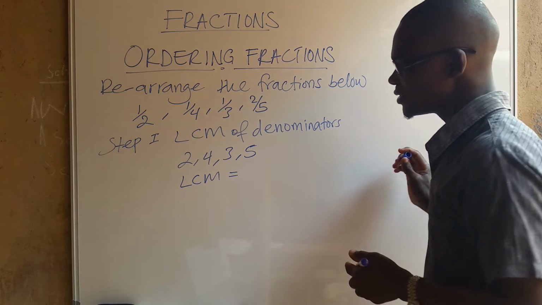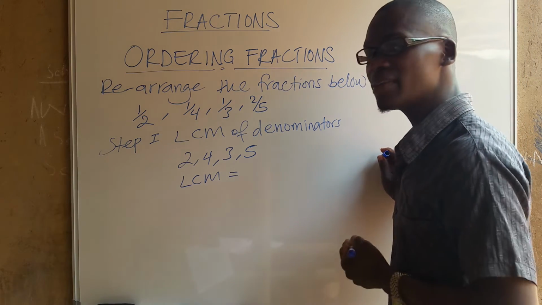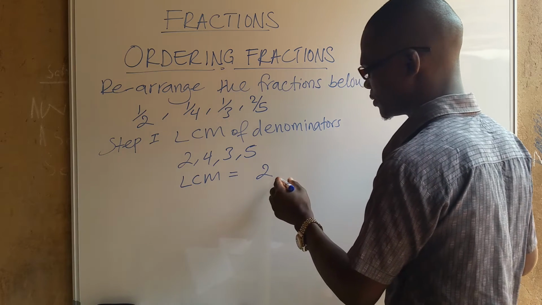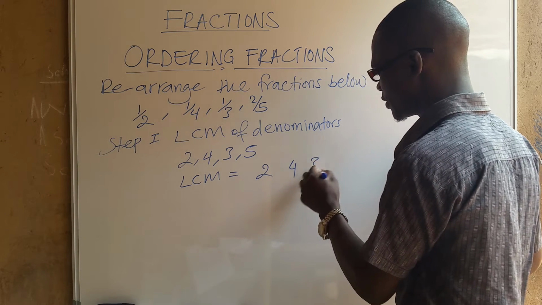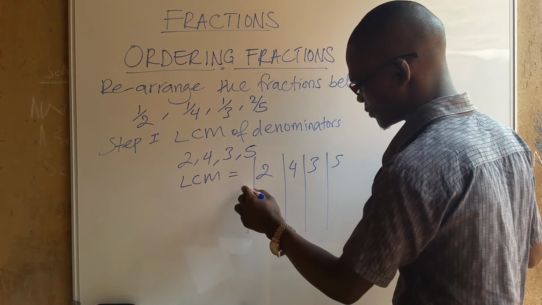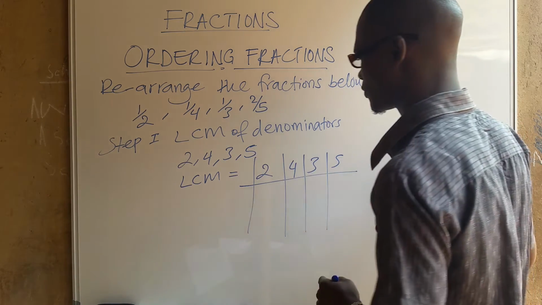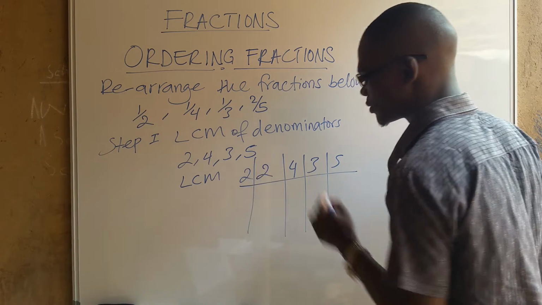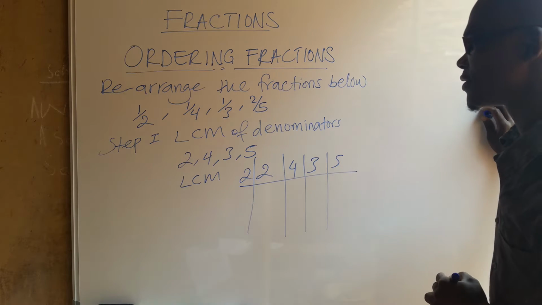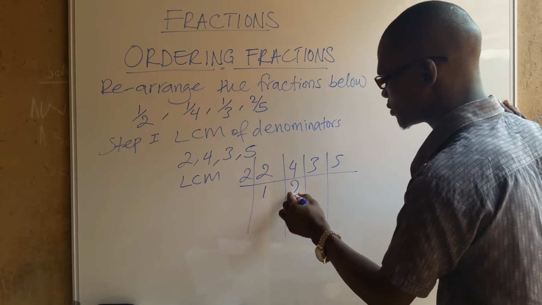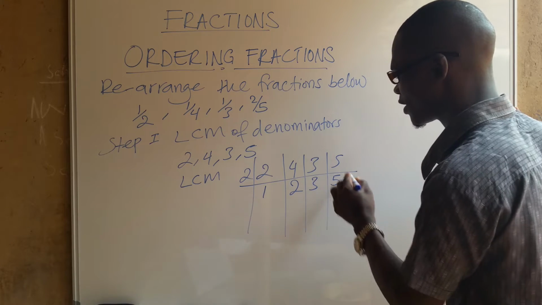We can get it by the ladder method. That is to say, we shall have 2, 4, 3, 5. So we break down these denominators by 2, you get 1, 2, 3, 5.